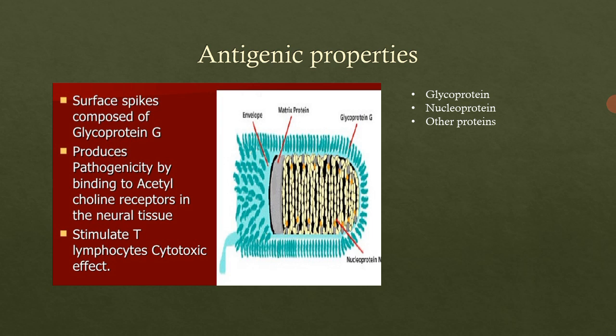Then the purified glycoprotein may act as a safe and effective subunit vaccine. This is a type of vaccine, the subunit vaccine, that we will see in the later part. But this glycoprotein is very important because it can be used in vaccine preparation, and it is a very safe and effective vaccine.